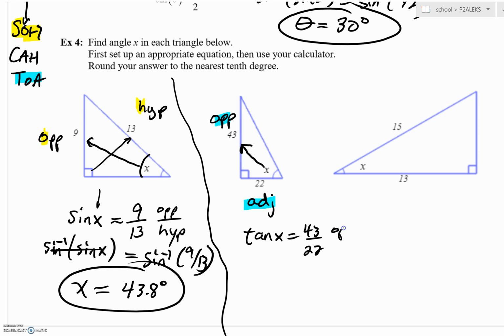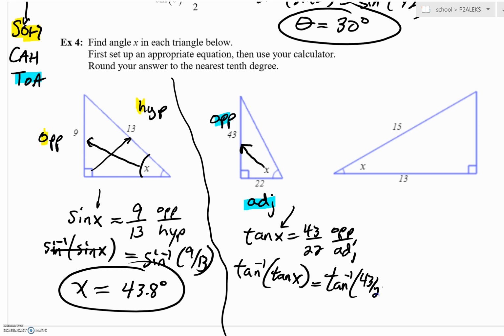You got to follow that order. Guess what? You're going to have to get x alone. Here's the common theme. What are you going to do to both sides? Inverse. If you're finding an angle, you're going to find inverse. So you're going to go inverse tangent of 43 over 22.